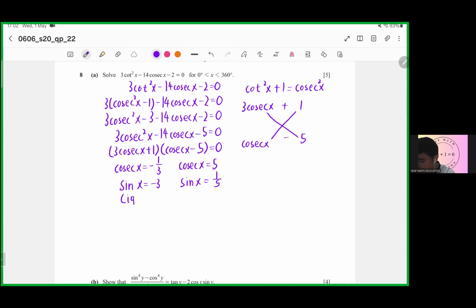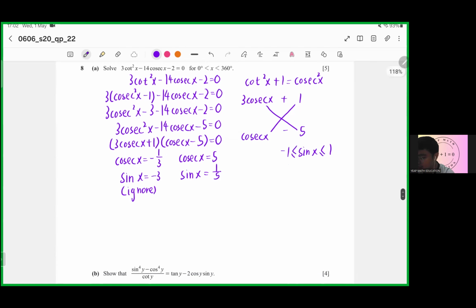But the first we just ignore. Why? As we know, the range for sine only happens between 1 and -1. It is out of this range, so we just ignore it.